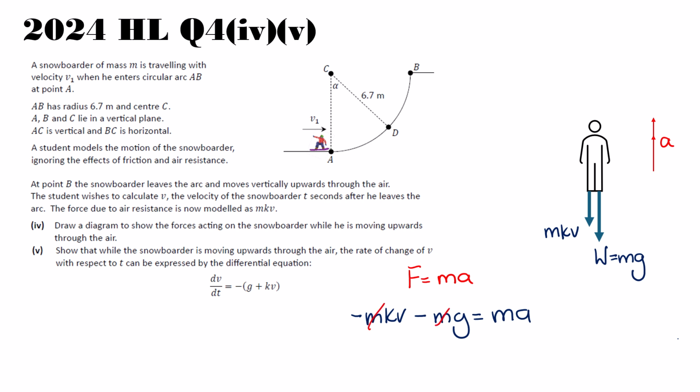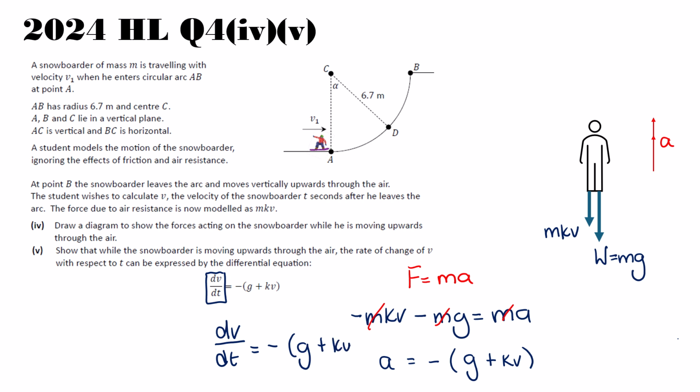The m's disappear, and we can kind of see where we're at now. So acceleration is equal to, I'll bring my a over, minus, they pull the minus out in front, gravity comes first plus kv, and then the last step is to replace our a with our dv/dt. So we have dv/dt is equal to minus g plus kv.